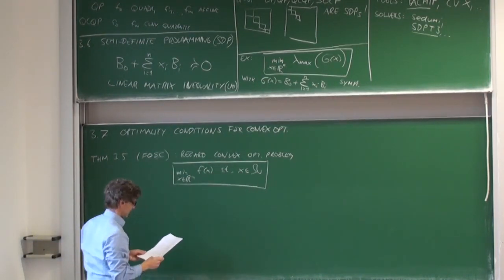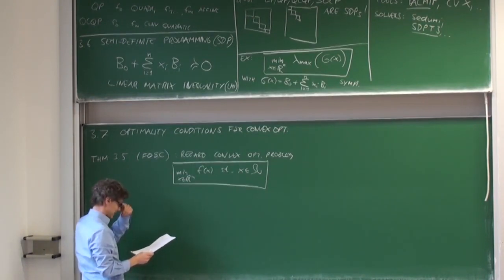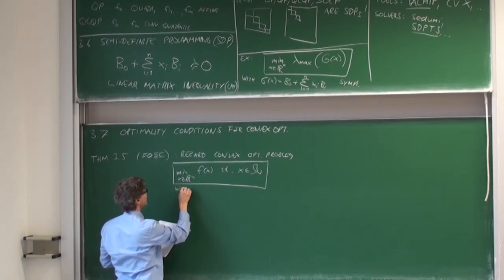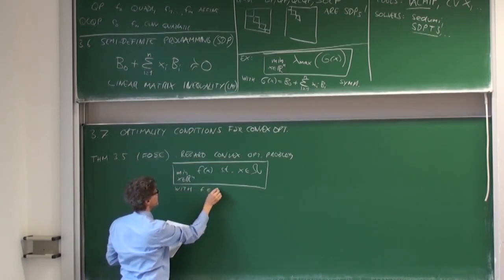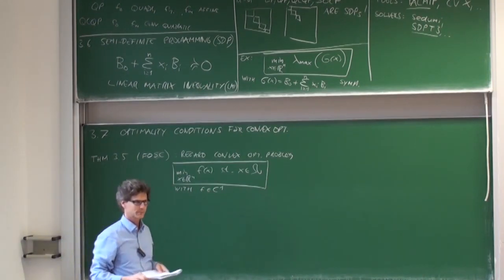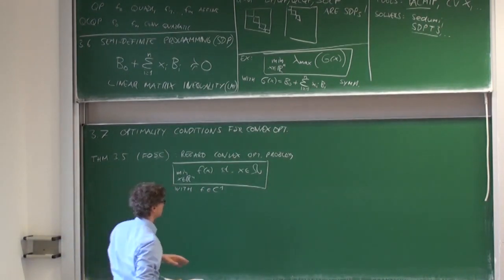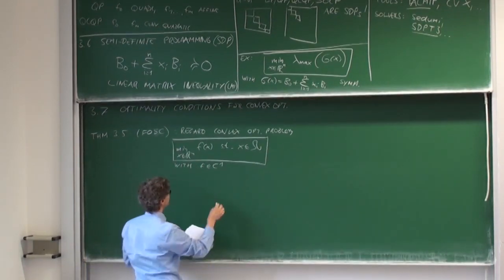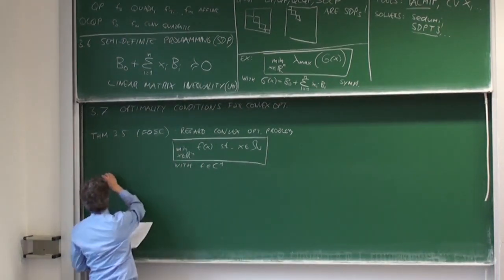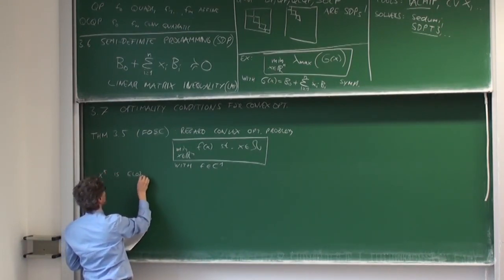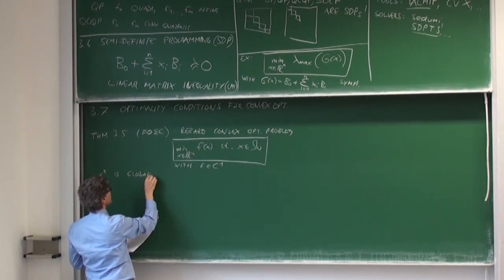Then we also make one assumption, and this assumption is with f an element of C1. So f is continuously differentiable, at least on the set omega. And then the point x star is a global minimizer.